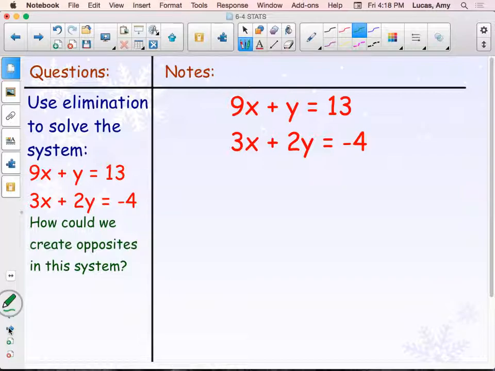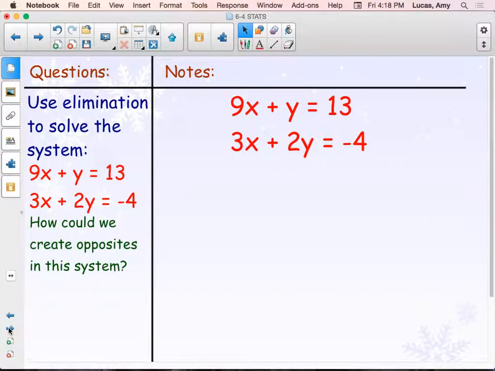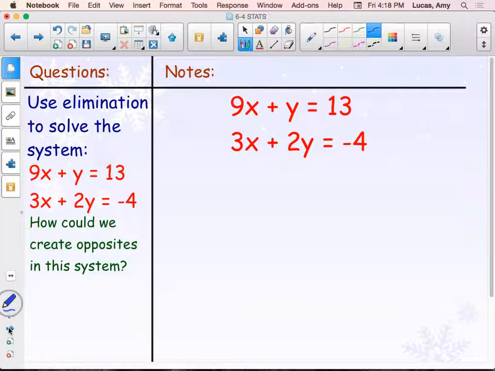Example number 2. We have a couple of different options that will work on this one. Check out the coefficients. We have 9x and 3x. I could turn the 3 into a 9. Or I've got a plain y and a positive 2y. So I am going to change that plain y to the opposite of 2y, which is negative 2y. So the top equation on this one becomes negative 18x minus 2y equals negative 26.